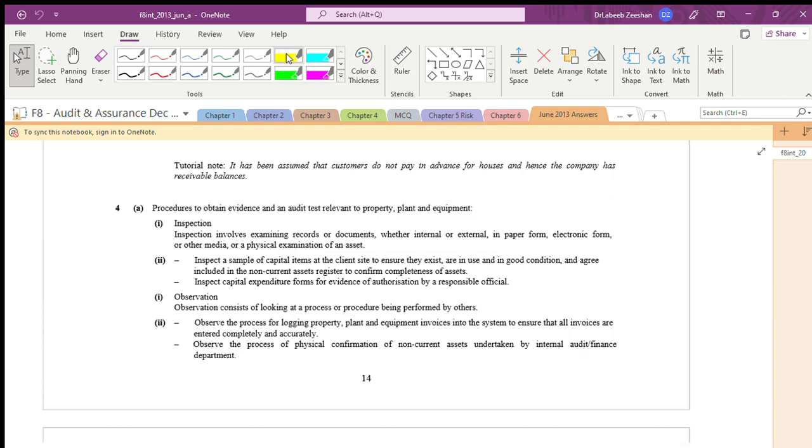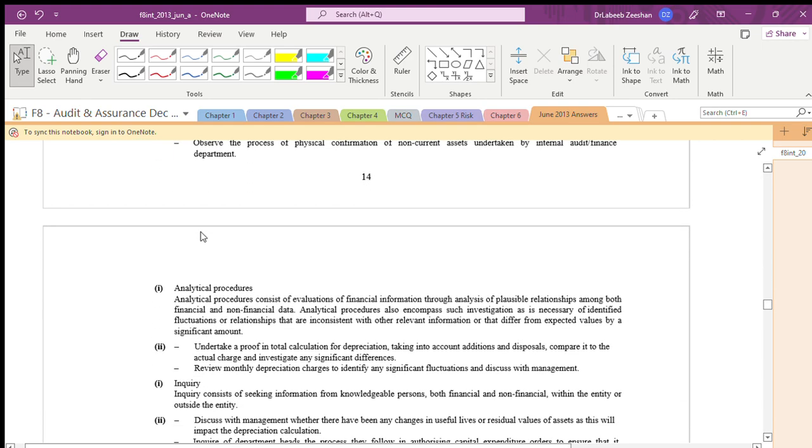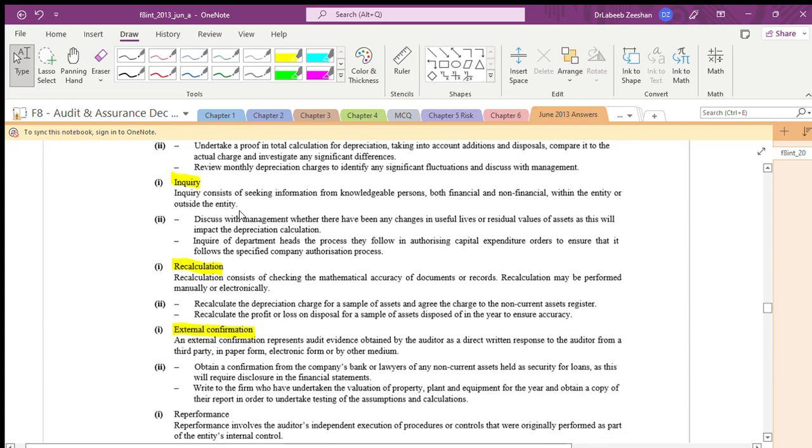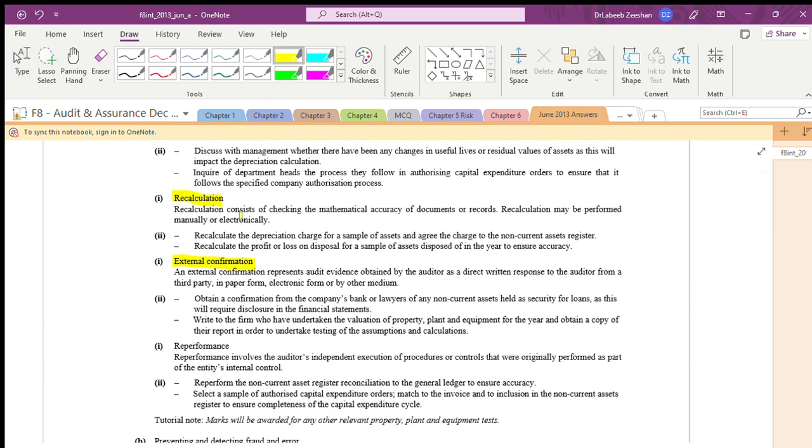The procedures to get audit evidence are: we have to do inspection, observation, analytical procedures, inquiry, recalculation, external confirmation and reperformance.